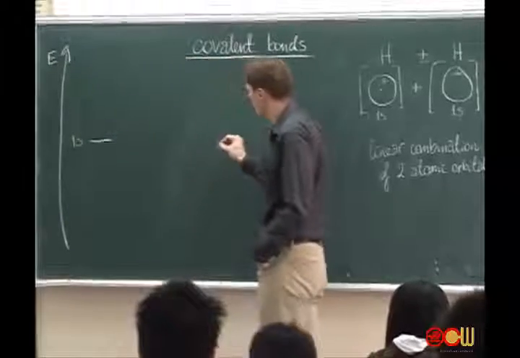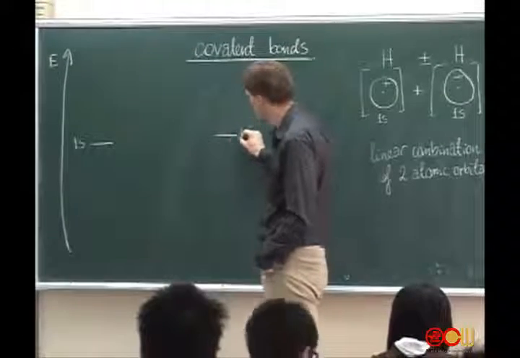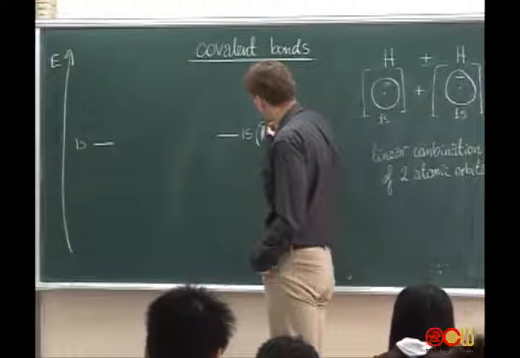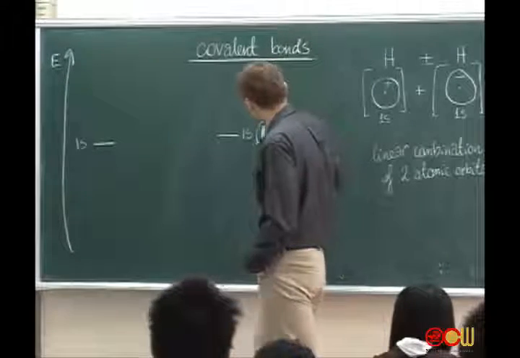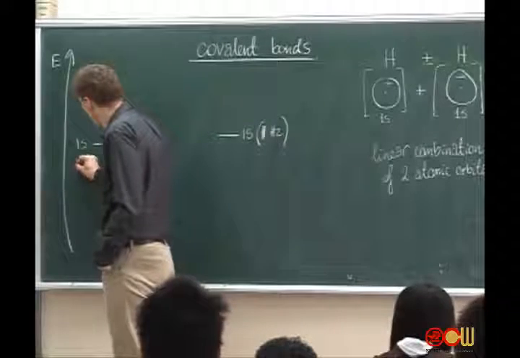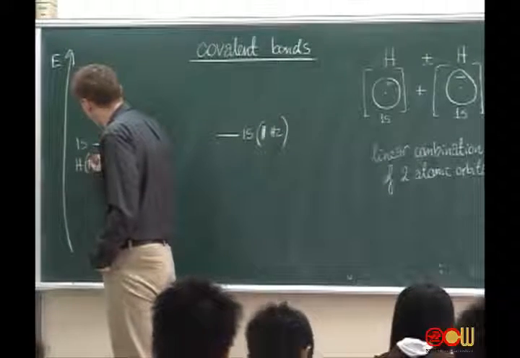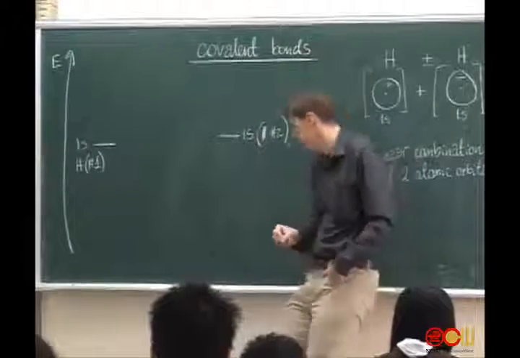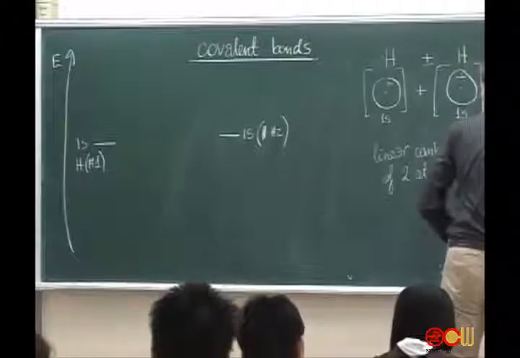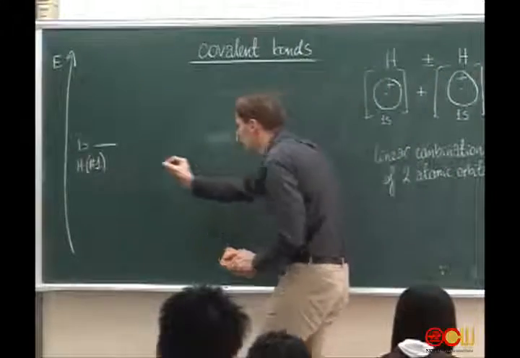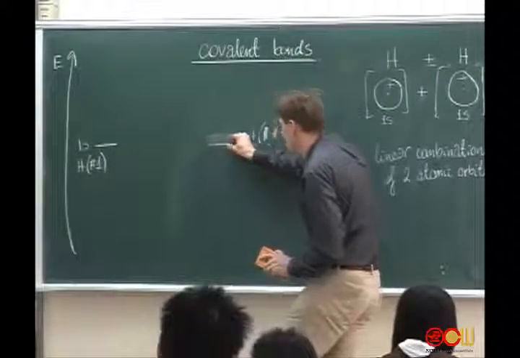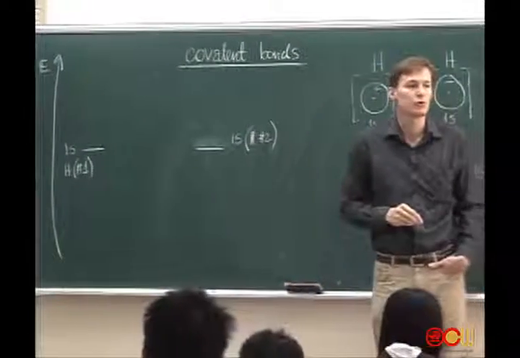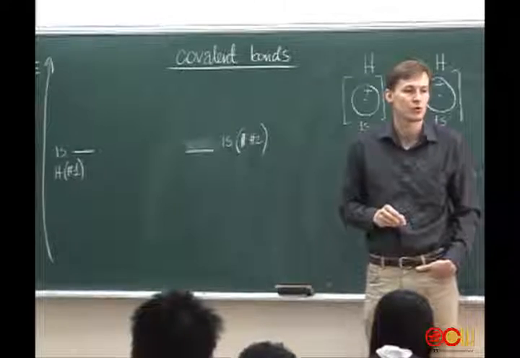We have 1s hydrogen, and we have 1s of the other hydrogen, hydrogen number 2, and here is hydrogen number 1, and now they are meeting. My plotting is never perfect. They should be on the same line, of course. Okay, now it's better. Now they are meeting, and we have two new orbitals. What about the energy of the two new orbitals?